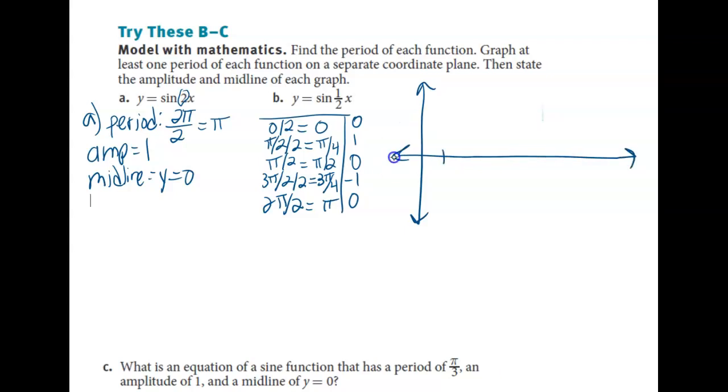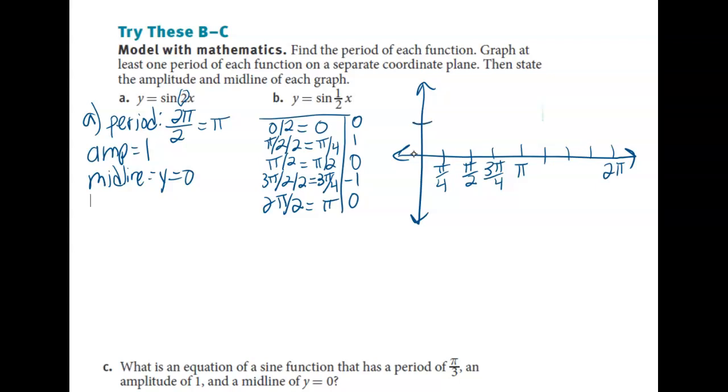Alright, so now I've got these new x coordinates. This is pi over 4 now. Pi over 2, 3 pi over 4, and pi. And then 4 marks is pi, so I could do 1, 2, 3, 4. That would be where 2 pi would hit. So just for reference, we'll draw a regular sine graph and this new one.